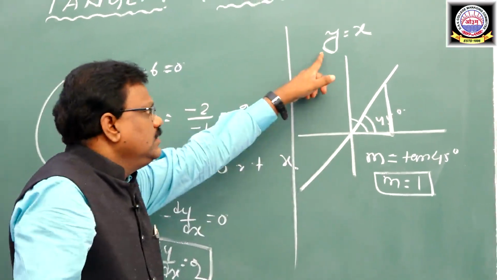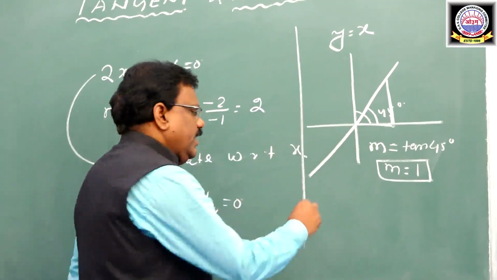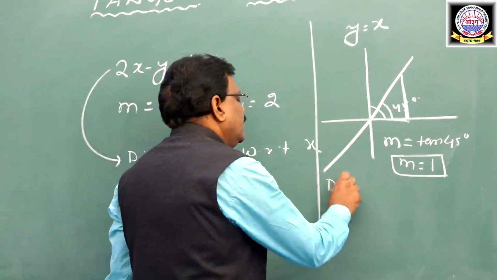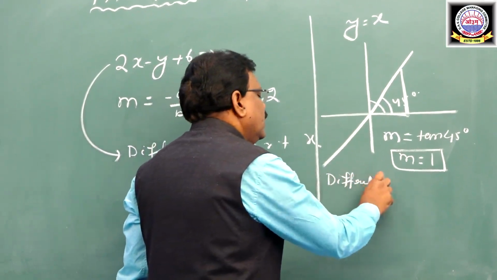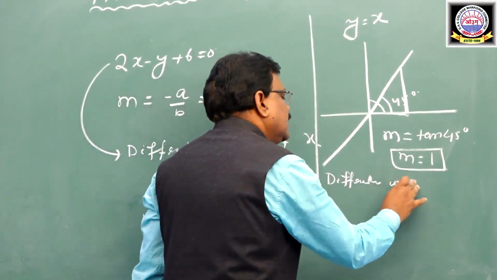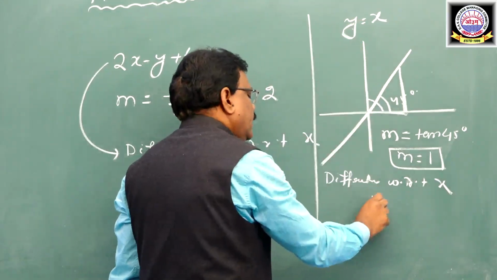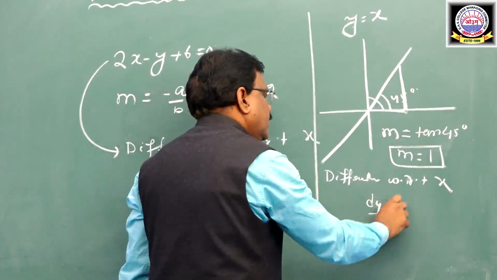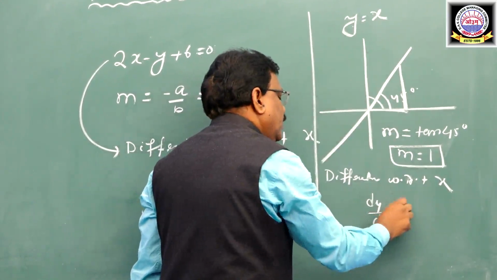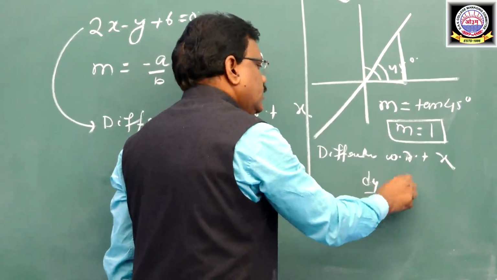It is a very easy function, y is equal to x. Now again differentiate with respect to x. Derivative of y is dy by dx, derivative of x is 1. So dy by dx is 1.